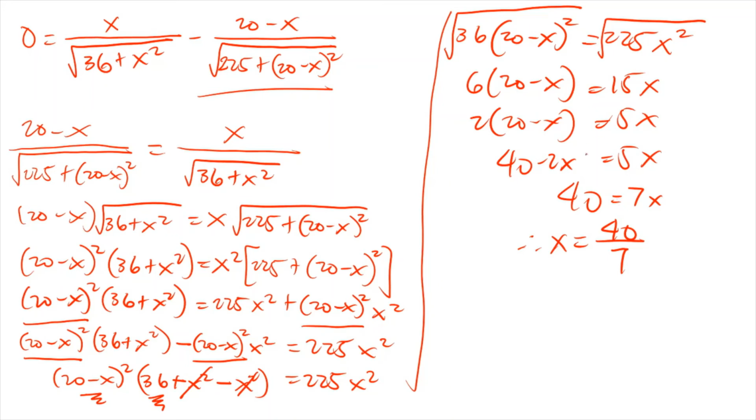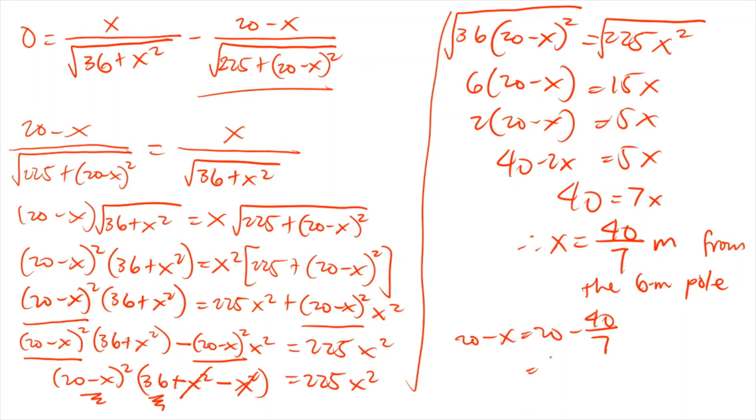The unit is meters. Therefore, the wire should be staked 40 over 7 meters from the 6-meter tall pole, or 20 minus x. So that's 20 minus 40 over 7.